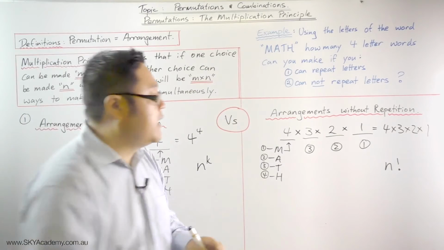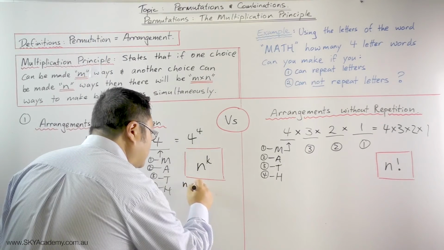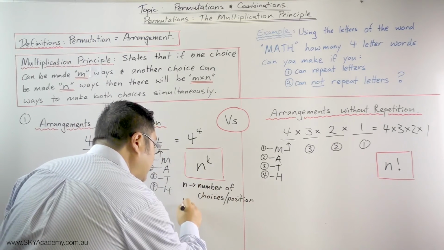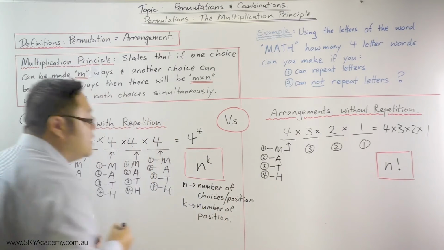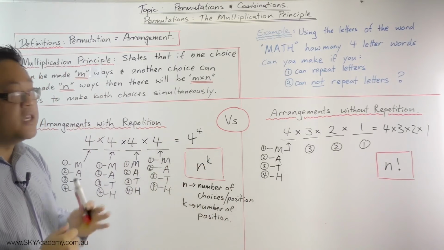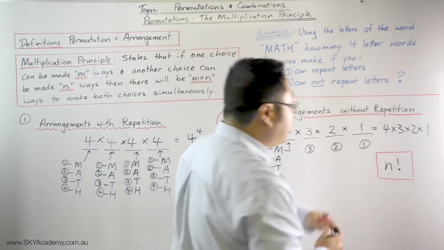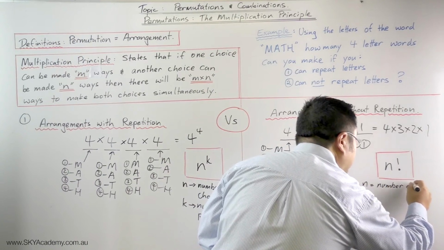So let me just put a little box around that. All right, so n stands for the number of choices per position, and k stands for the number of positions. So n to the power of k will be the number of arrangements that you have. Whereas here, for the number of arrangements without repetition, is n factorial, where n is the number of choices.